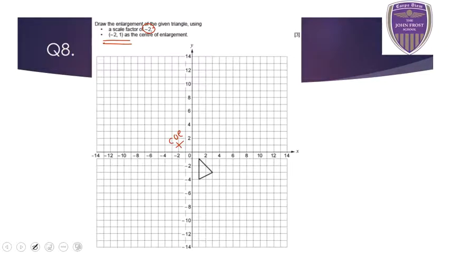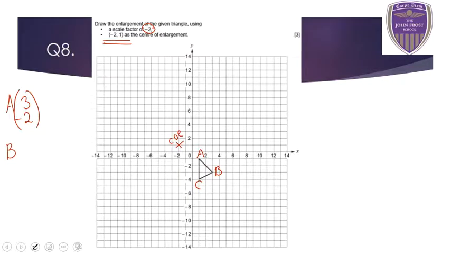If we look at this original shape, I'm going to label it A, B, C. So how do I get from the centre of enlargement to A? I've got to go 1, 2, 3 across, 2 down, which is 3, minus 2. How do I get from the centre of enlargement to B?